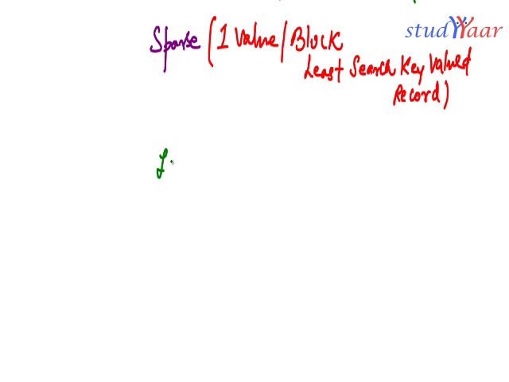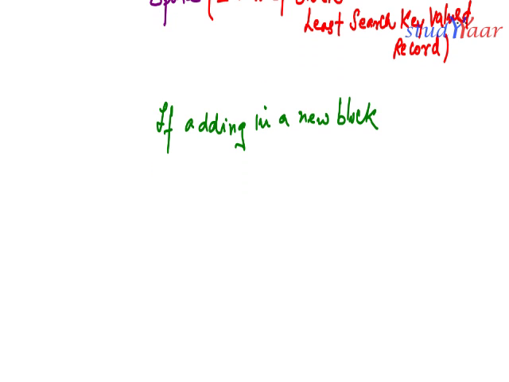Again there is a case if we are adding this new record in a new block. If adding in a new block, then we simply add a new index record and insert this entry in the block.